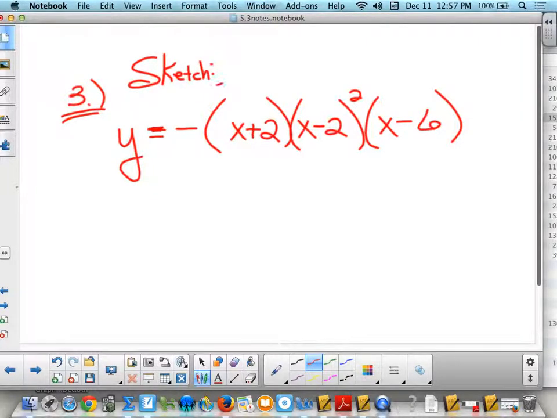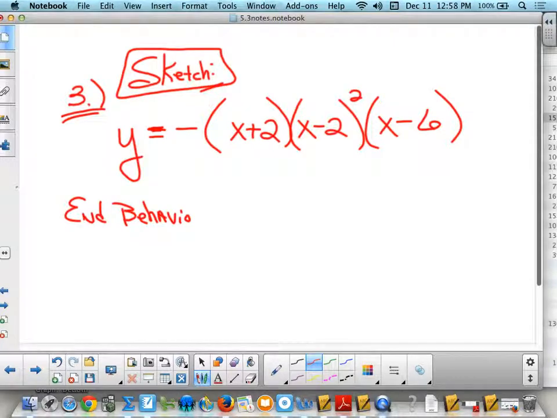That's the equation. All I want you to do is just sketch it. When I say the word sketch, it just means when you bounce or go through, you just do this. Go up as high as you want or down as far as you want. I don't want exact. Don't make tables. Just tell me, what's it doing? Going through, bouncing, you know? And then there's 2 more things you need to tell me if you read the directions. The end behavior, and how many turns.